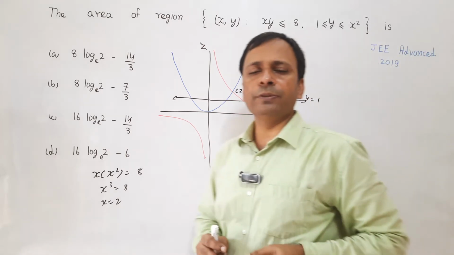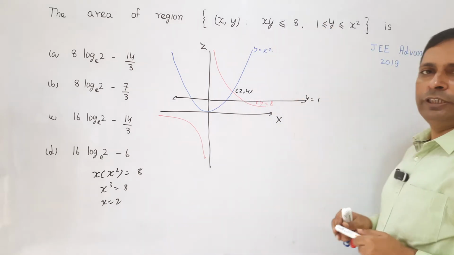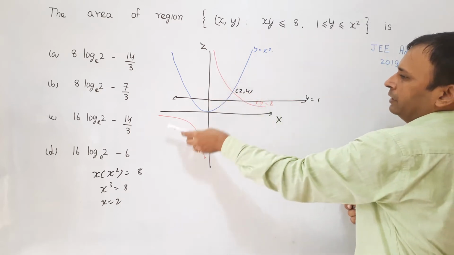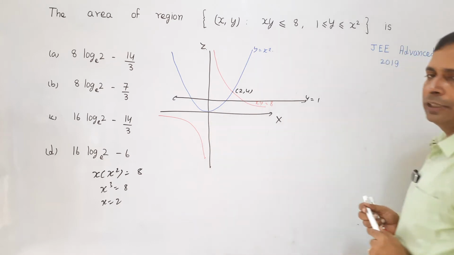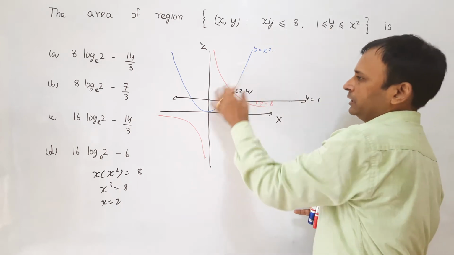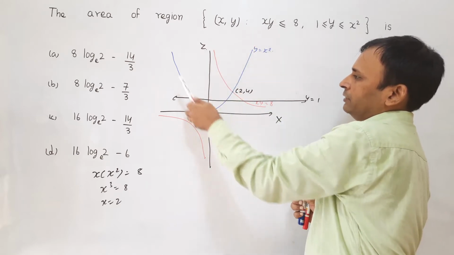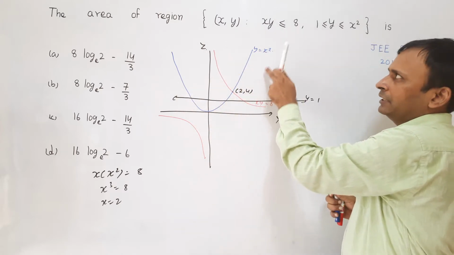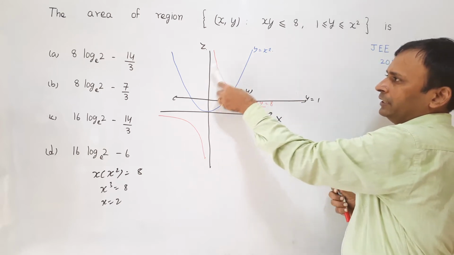Now coming on to the region whose area we need to find out. Let's see, xy less than or equal to 8 means this would be the region which is below this arm and above this arm of the rectangular hyperbola. Why? Because if you put x equal to 0, y equal to 0, then 0 into 0 less than or equal to 8 is satisfied. Any point satisfying this inequality lies on the side containing the origin.